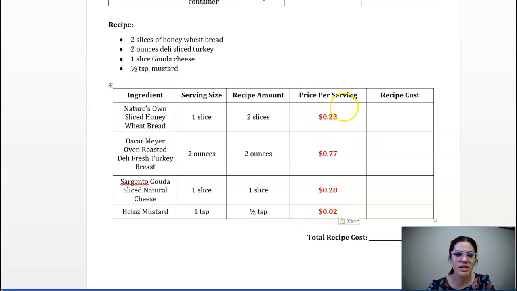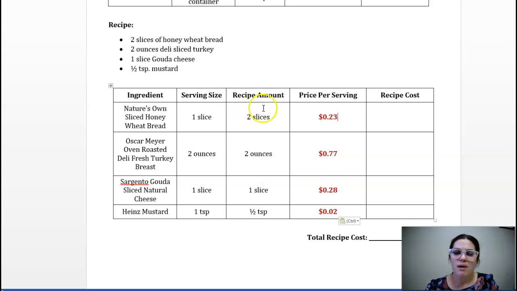Okay, so we know that these are the serving sizes for these specific ingredients, but we aren't necessarily going to use the serving size as designated by that food label for our recipe, right? We want a real sandwich that has 2 slices of bread, not just 1 slice, even though the serving size is 1 slice.